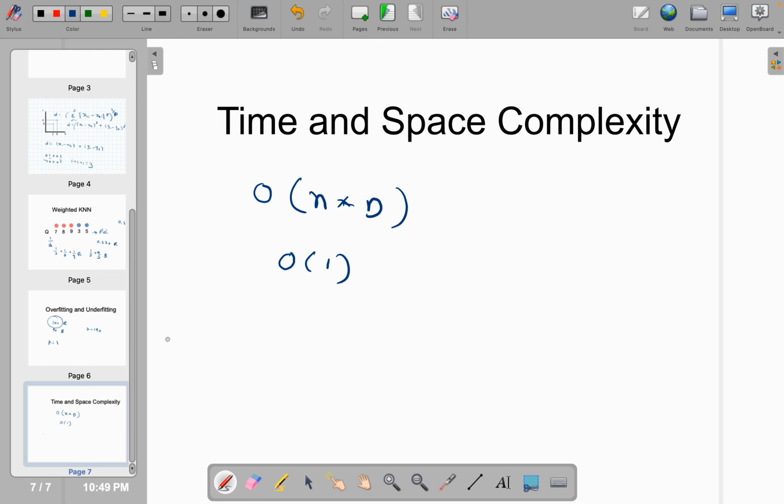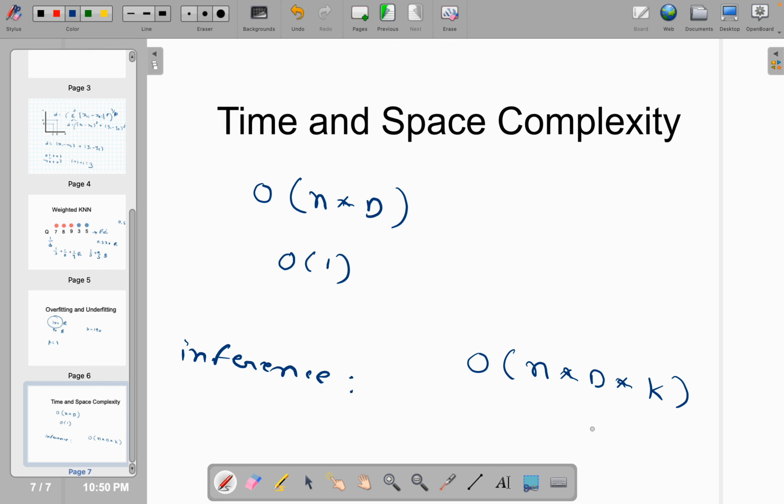So let's see inference time. At inference time or prediction time, KNN has a complexity of order of n star d star k, where n is the number of samples, d is the number of features, and k is the number of neighbors we need to consider.